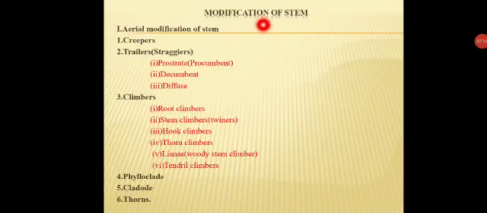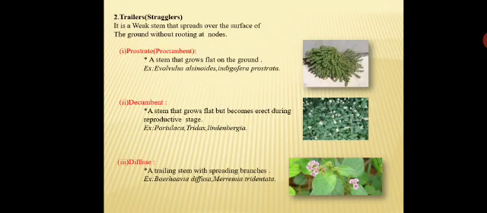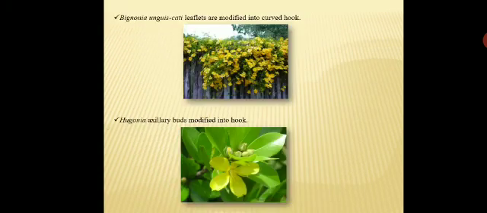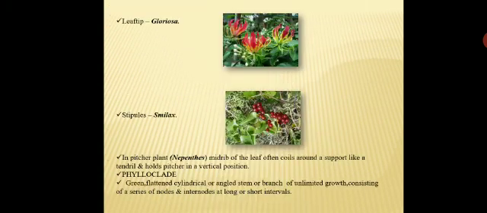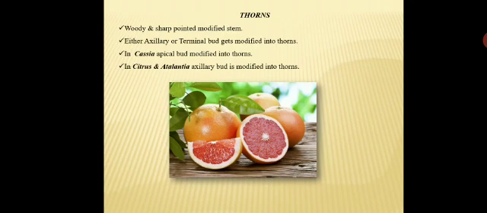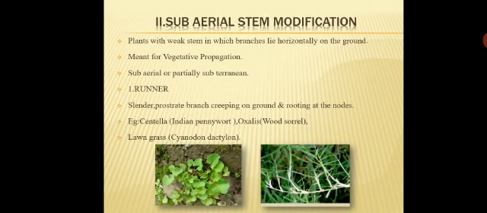Normally, modification of stem is mainly classified into three major categories: aerial modification of stem, subaerial modification of stem, and underground modification of stem. In our class, we want to describe aerial modification of stem, subaerial modification of stem, and underground stem modification, but we will study underground stem modification later.